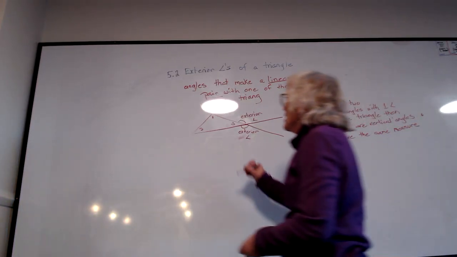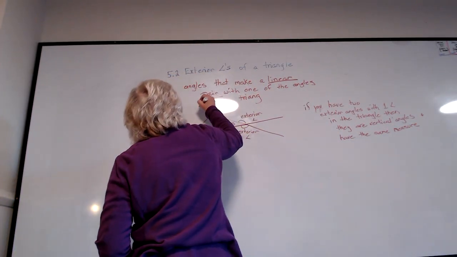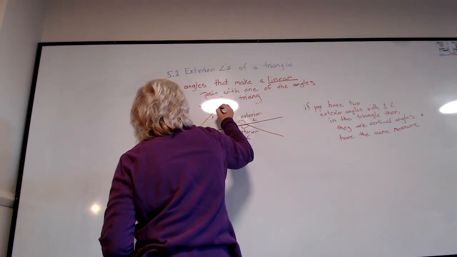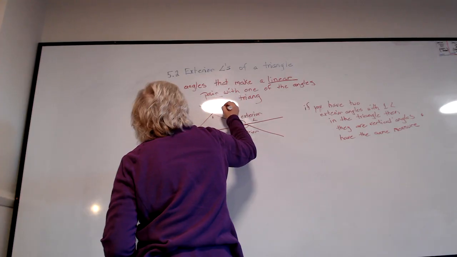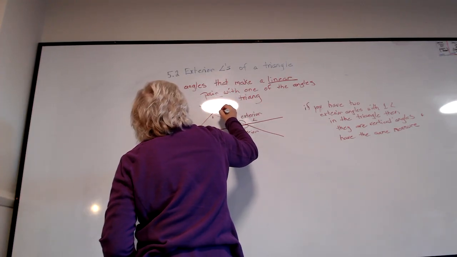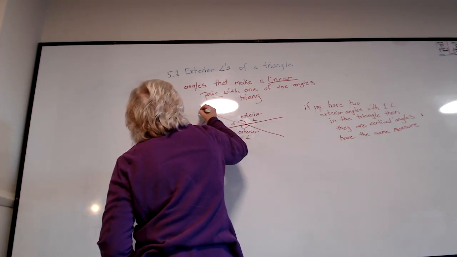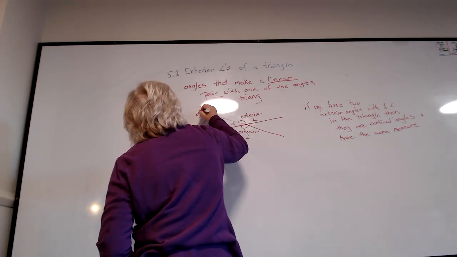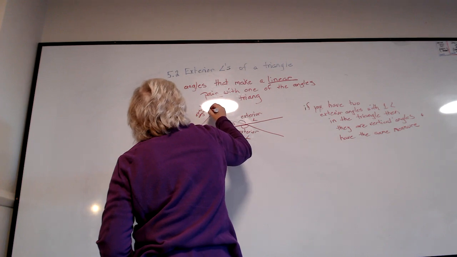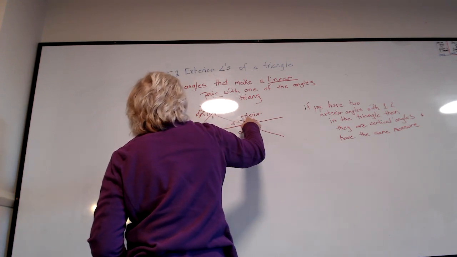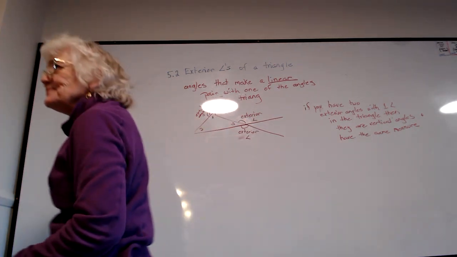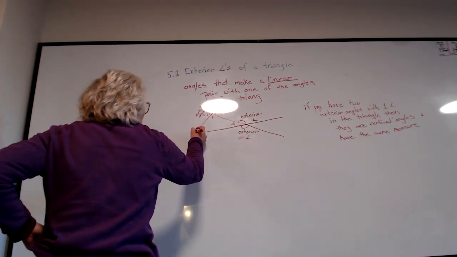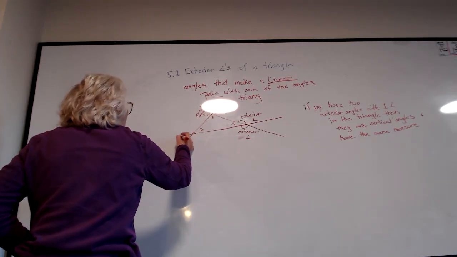So if you wanted to continue to draw them, we could draw this line out, that line out. Again, this is an exterior angle. This is an exterior angle. These 2 again are the same size. They're not the same size as those, however. Okay. And again, we could draw it out this way and this way.